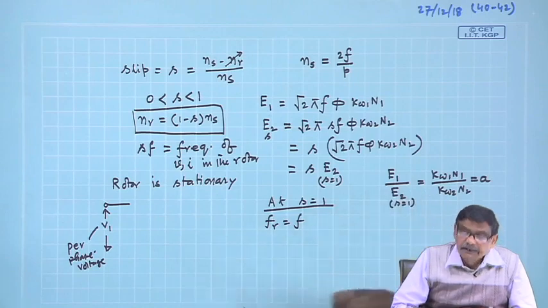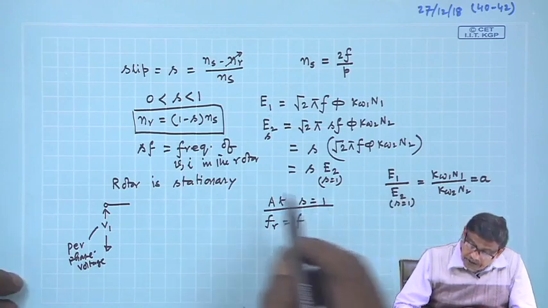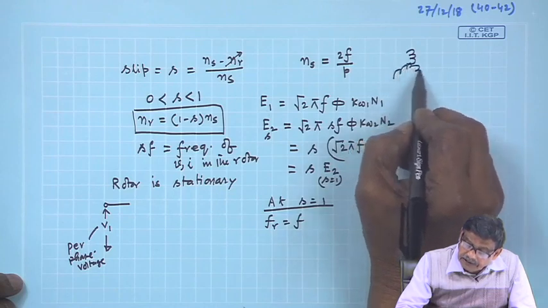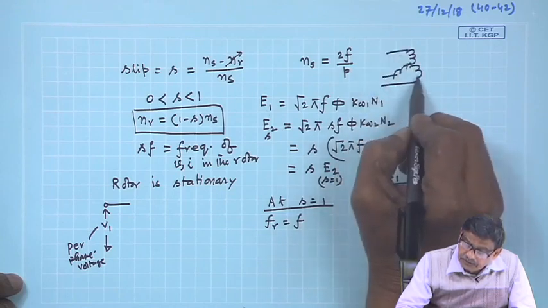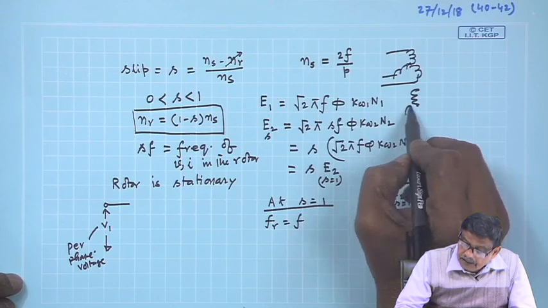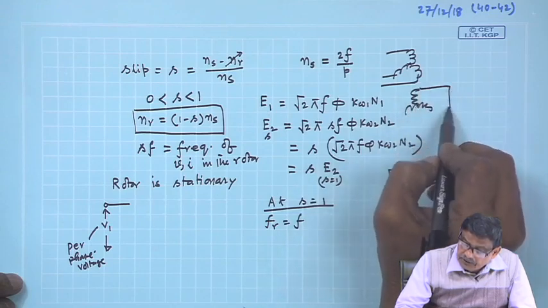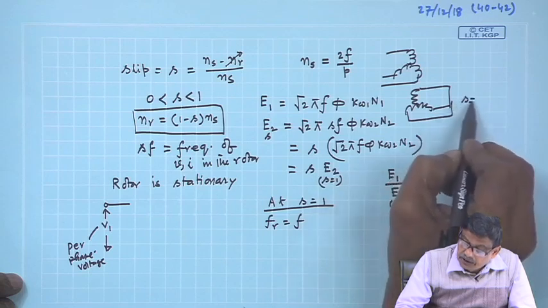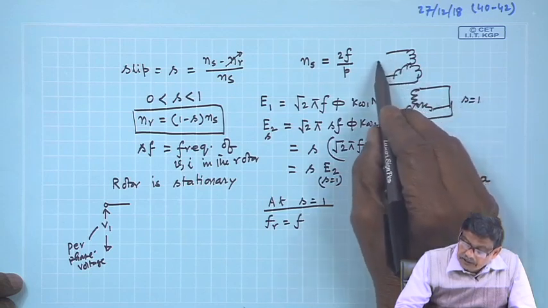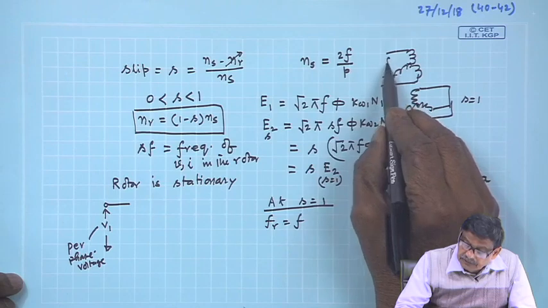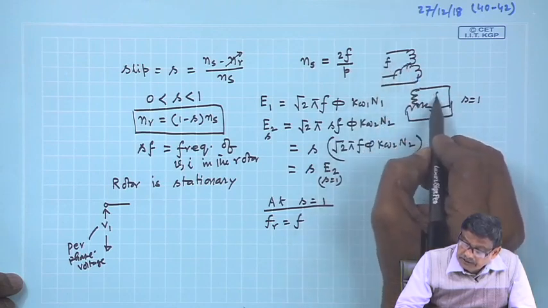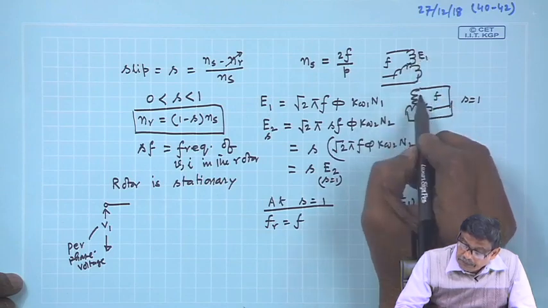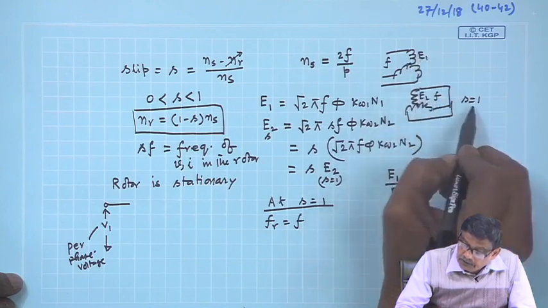Therefore, at least at S equal to 1, this is just like a transformer, because you have energized the primary with a 50 hertz source and the rotors are shorted, yet to start. You have applied some voltage with frequency f, here also it is f, and the induced voltages are E1 and E2 at S equal to 1.